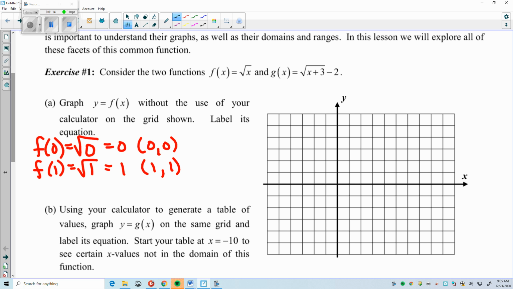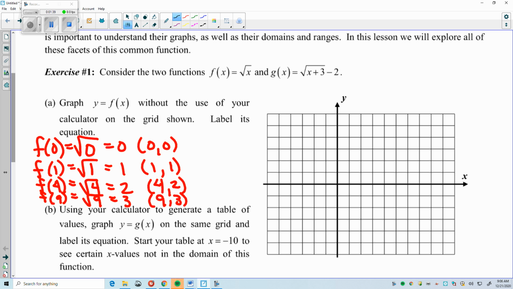Now I'm going to do some nice numbers here. So for instance, 4, because I know the square root of 4 is going to give me 2. That gives me just some nice numbers to graph, again, without the use of my calculator. For instance, another one, the square root of 9. And notice why I'm picking these numbers: because I know that they're perfect squares, meaning they're going to work out nice and easy when I graph them.